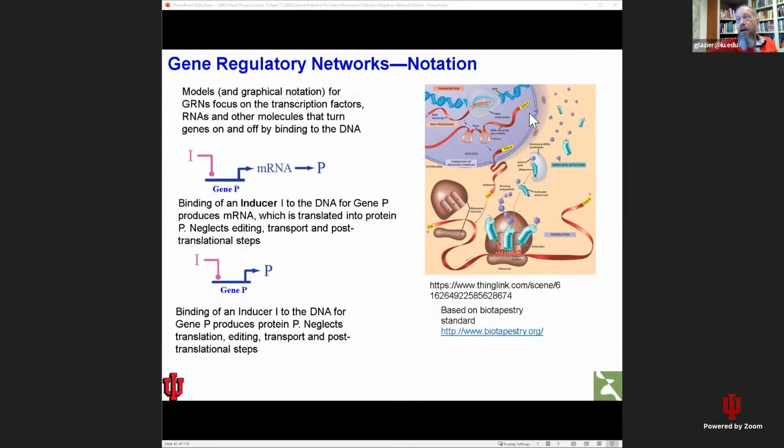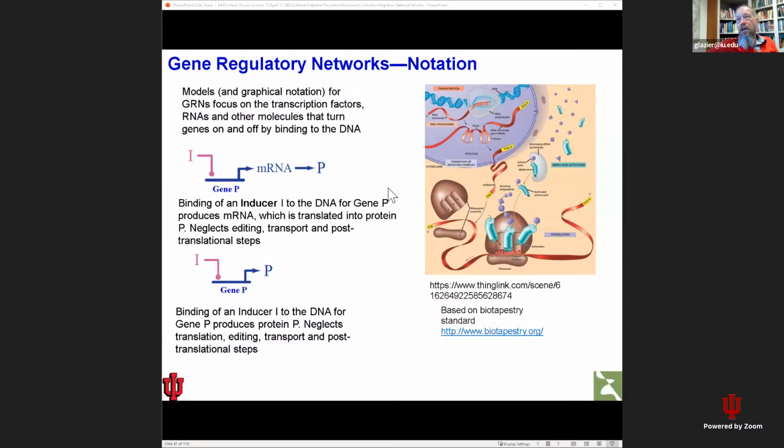It also has to have a poly A tail attached to it. It has to be exported from the nucleus. It has to find its way to a ribosome. The ribosome then has to translate the RNA into a raw protein. And then the protein itself has to be folded properly and very often has post-translational modifications.